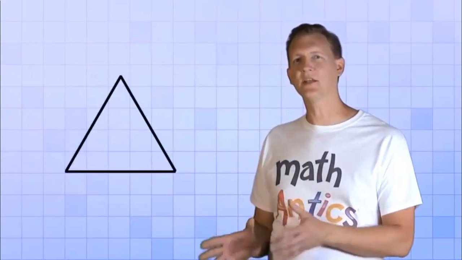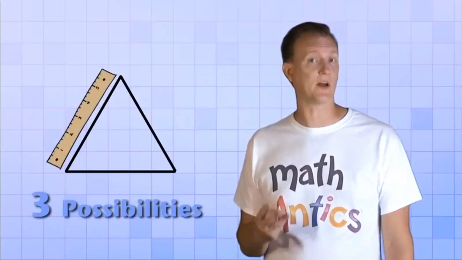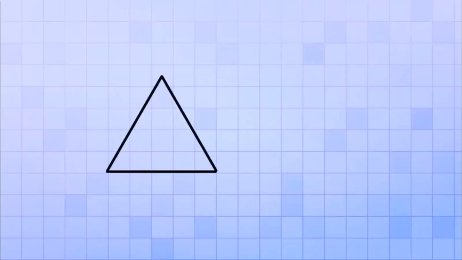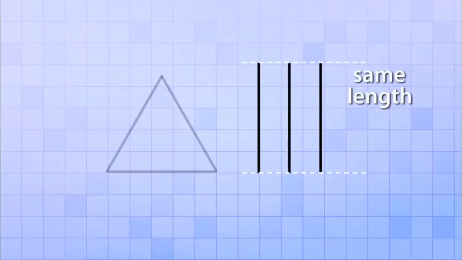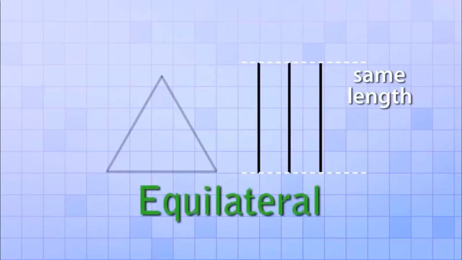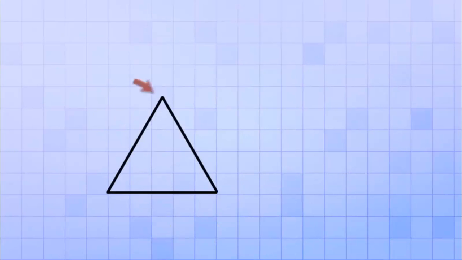If we pay close attention to the length of each side of a triangle, we can see that there's 3 possibilities. First of all, if all 3 sides of a triangle are exactly the same length, then we call it an equilateral triangle. It's kind of a long word, but it's easy to remember because it sounds like it has the word equal in it. To see the second possibility, let's take the top vertice of our equilateral triangle and move it up like this.